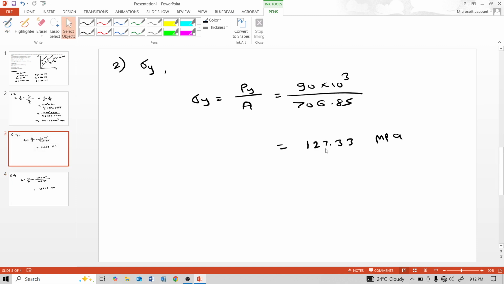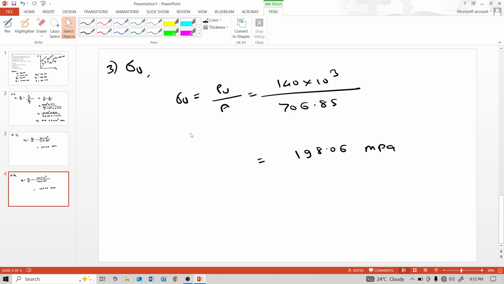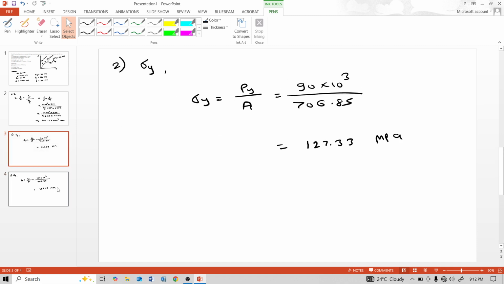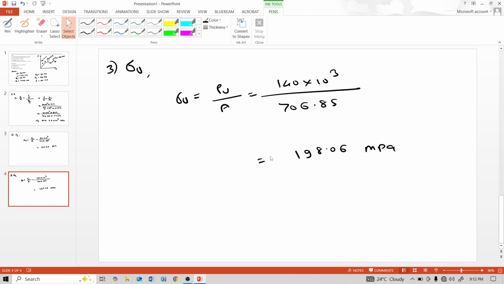Yield stress is 127.33 MPa and ultimate stress is greater than this yield stress. Ultimate stress is 198.06 MPa.